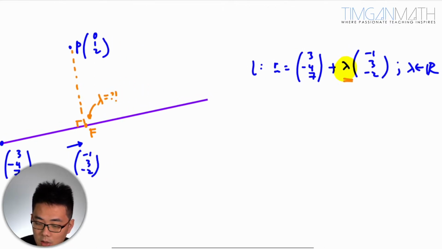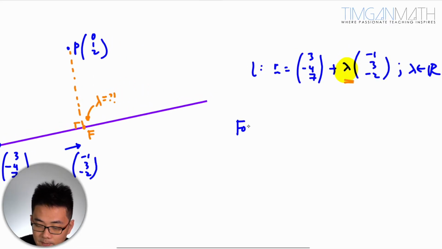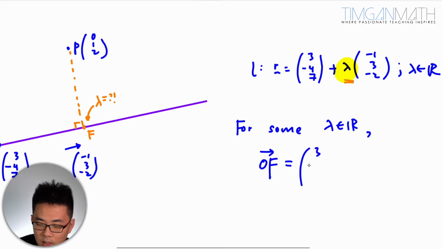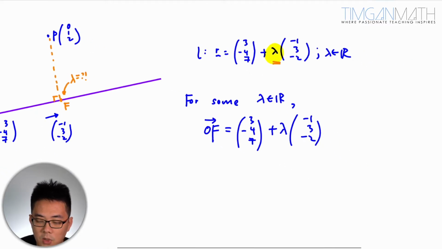For some real value of lambda, we know that OF would just be equal to (3, -4, 7) plus lambda (-1, 3, -2). For a particular lambda, it corresponds to that point.